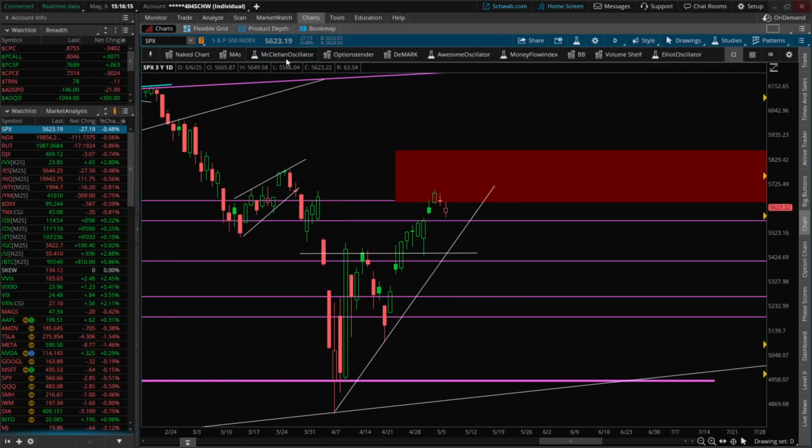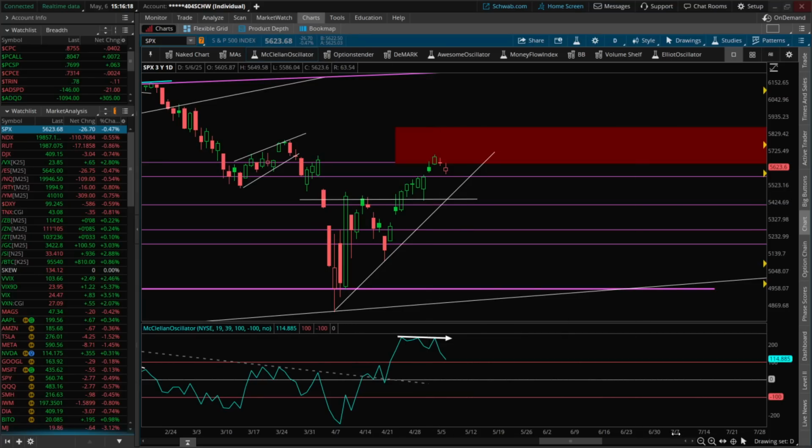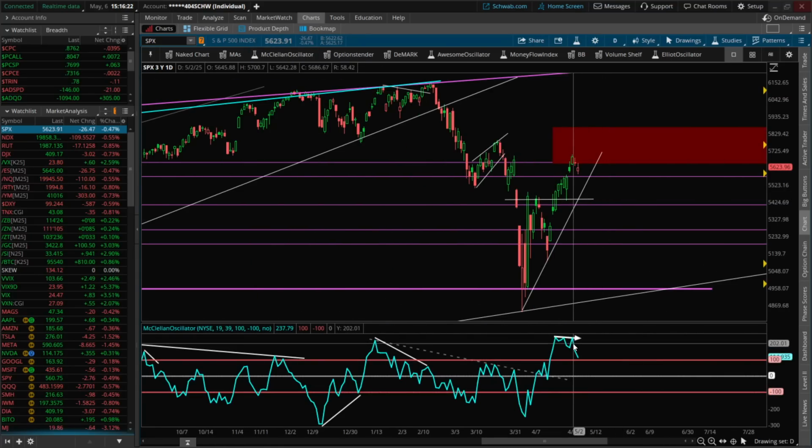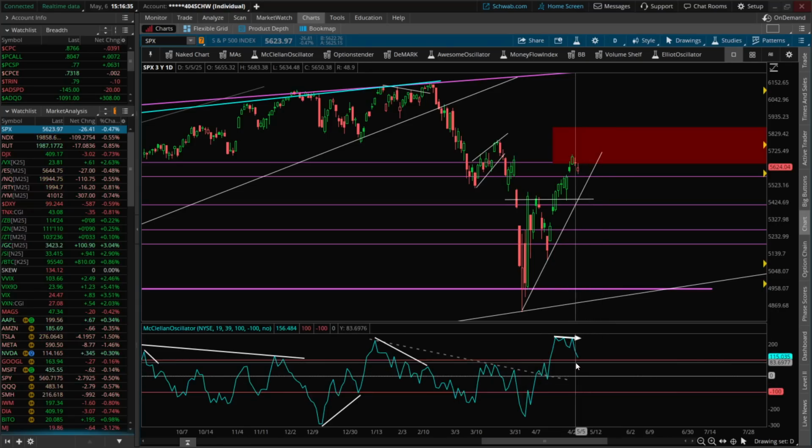McClellan oscillator, one of my favorite indicators, along with the money flow index. We'll show you that on SPY. We had this overbought situation. We had negative divergence that's starting to play out. Sometimes price holds on top of this overbought condition, right at the 100 mark. I'm not sure that's going to be the case.